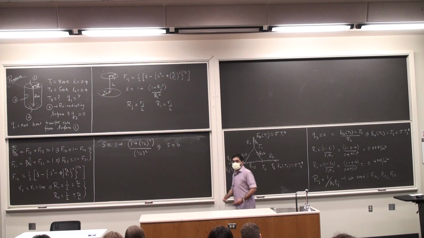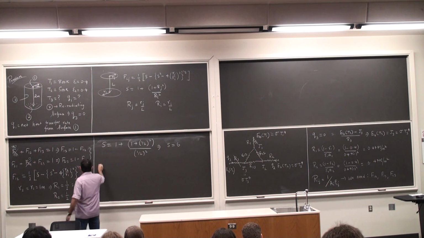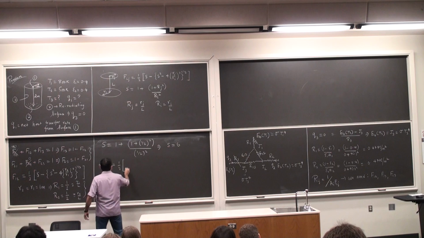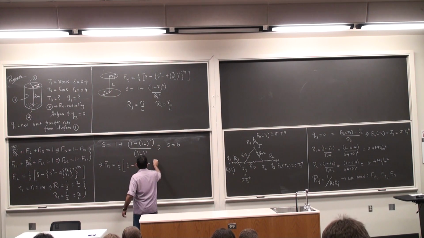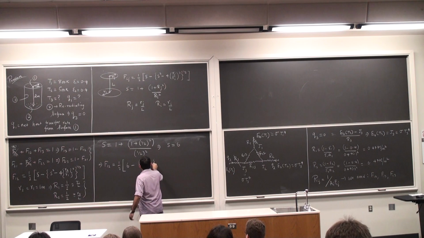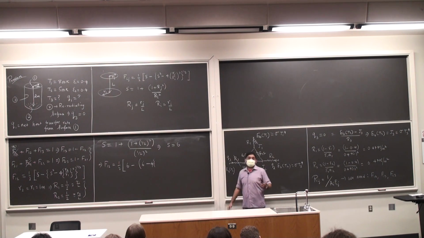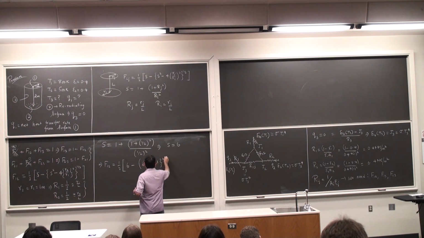Once I calculate S, substitute. Okay? So F12 is 1 by 2, 6 minus the square root of 6 square minus 4 times R2 by R1, which is 1 square.